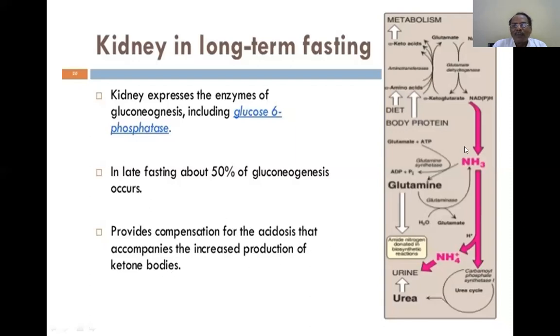This is how the ammonia that is released is mainly stored as glutamine, using glutamic acid or alpha-ketoglutarate.